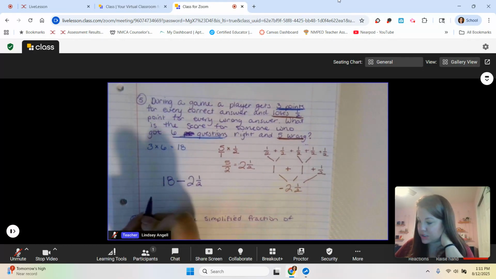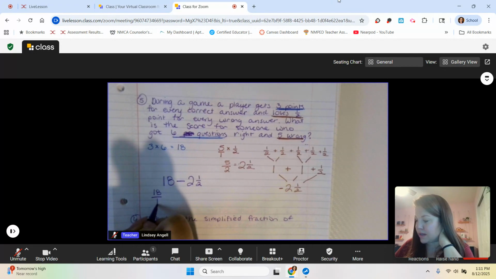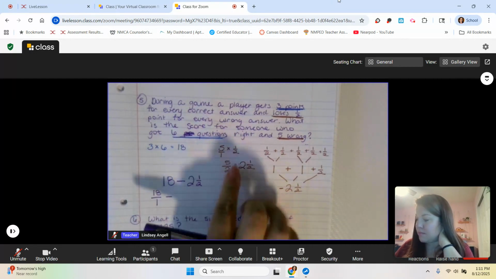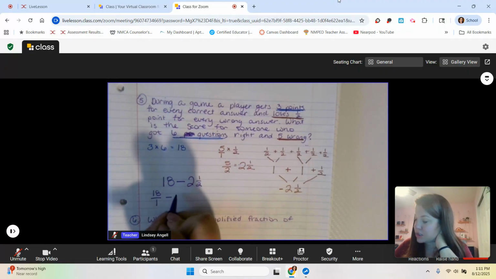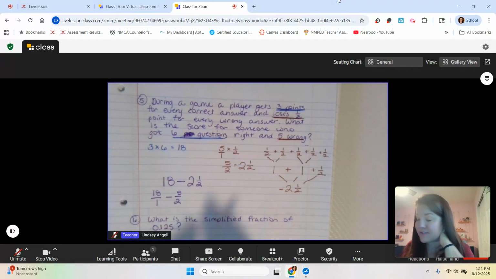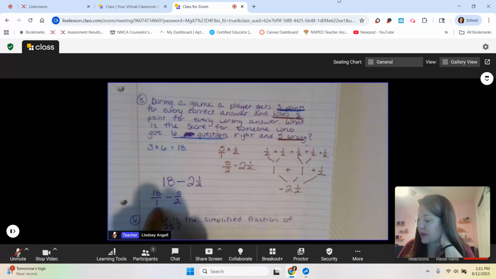Let's use fractions. We can say, well, 18 as an improper fraction would give me 18 over 1 minus, and then up here, we had that improper fraction. We could say minus 5 halves, but I don't have a common denominator yet. So I need to think, okay, what's a common denominator between 1 and 2?